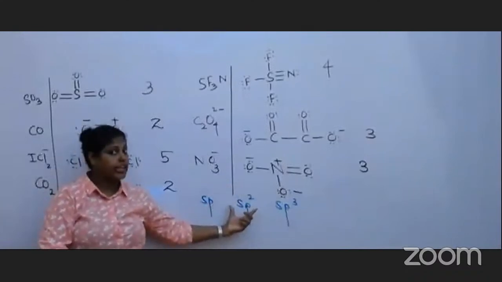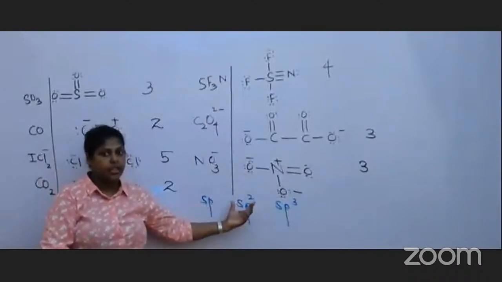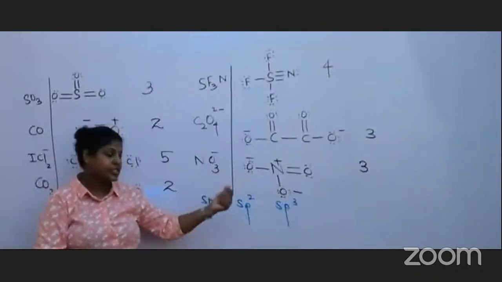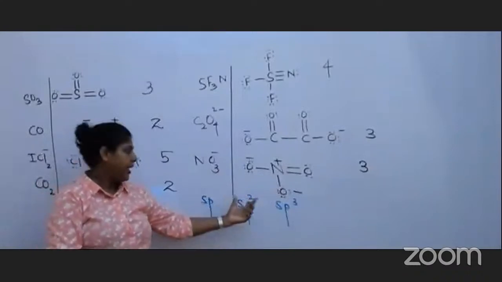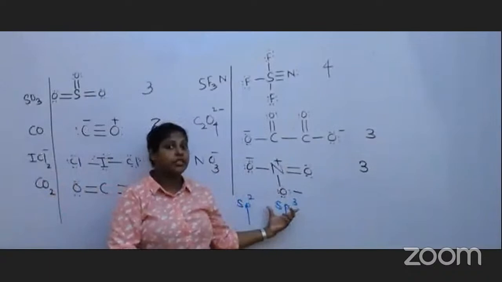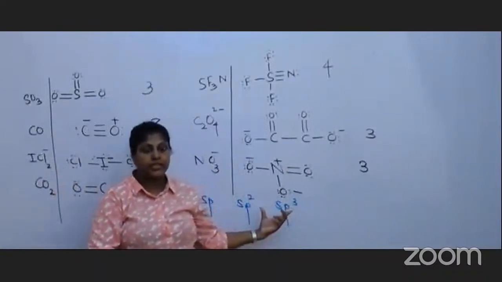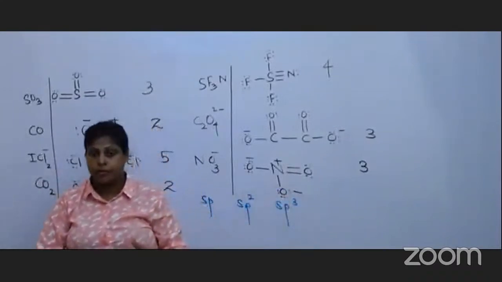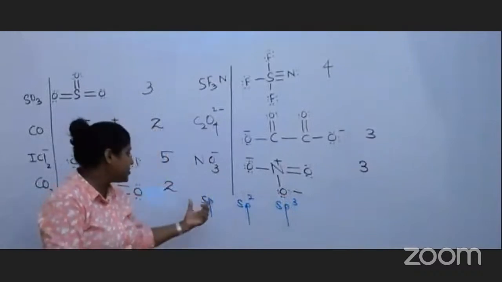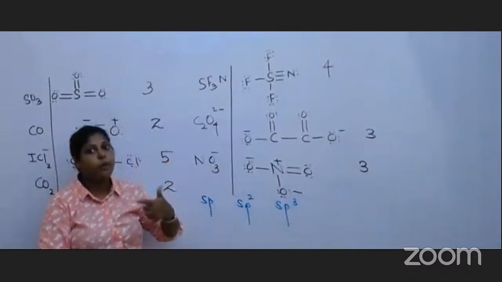For sp2, one electron belongs to the s orbital and 2 electrons belong to p orbitals. So one s electron and 2 p electrons overlap to form sp2 hybridized orbitals. For sp3, one electron belongs to the s orbital and 3 p orbitals overlap to form sp3 hybridized orbitals. So sp means 2 VSEPR units, one for s and one for p.